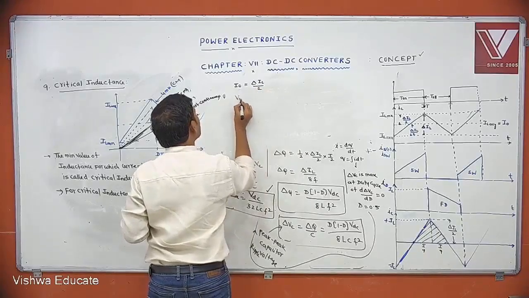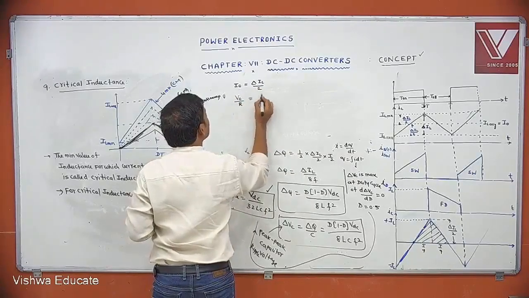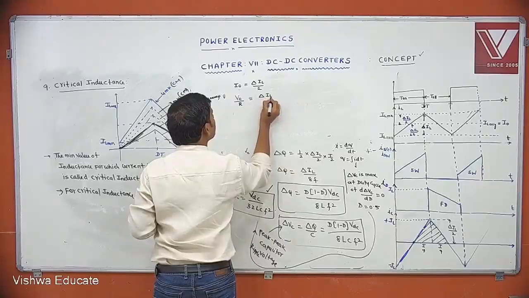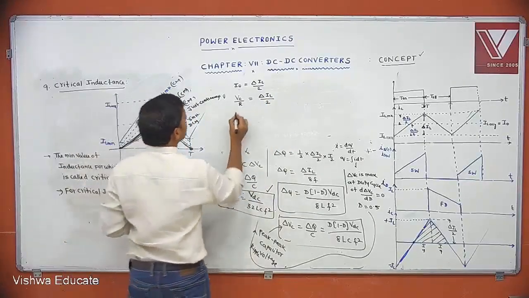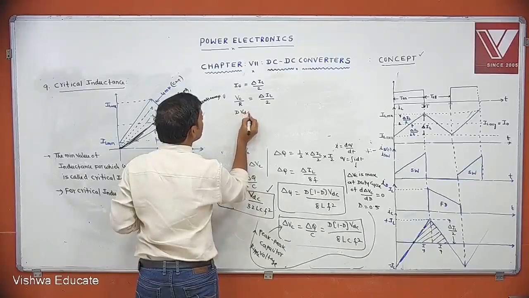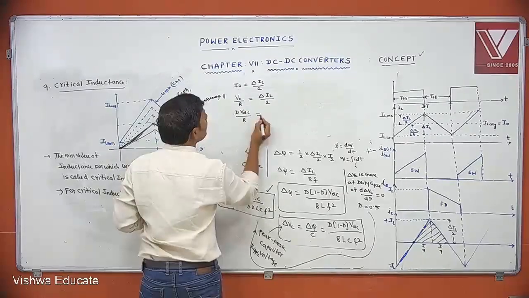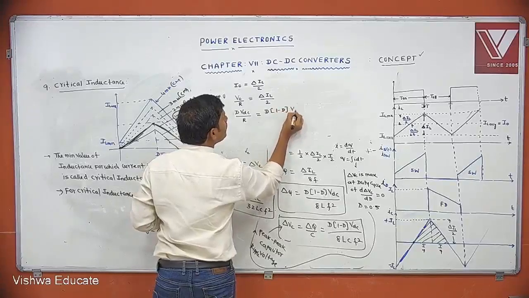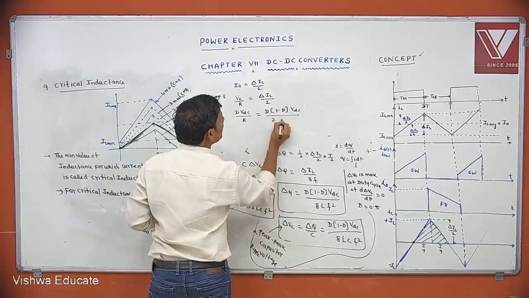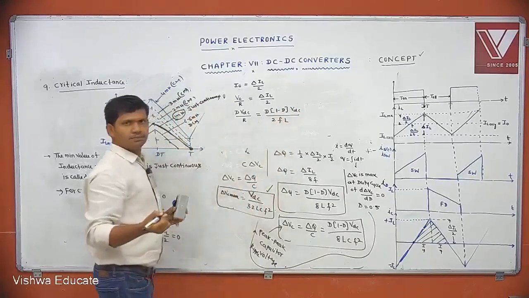I0 is equal to V0 by R, so V0 by R equals delta IL by 2. What is V0? D times VDC, so D VDC by R. What is delta IL? D into 1 minus D into VDC by FL, that is over 2FL.